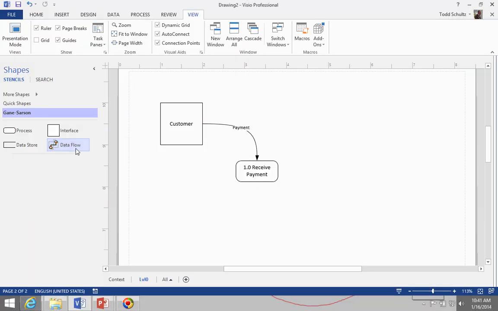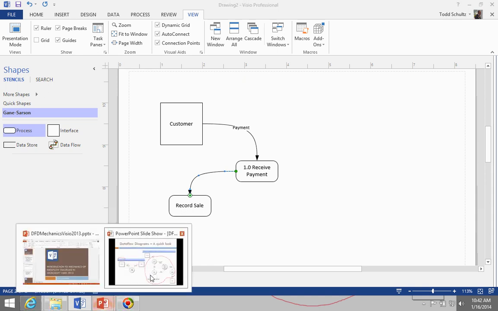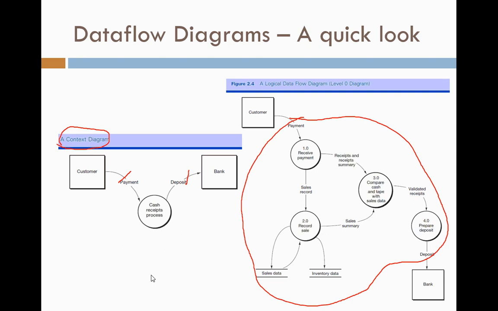So sales record goes into record sale, and it's sales data. So a sales record goes into, and if I get the name wrong, that's just, I probably should have it, record sale. It's probably a way to make your sales record.